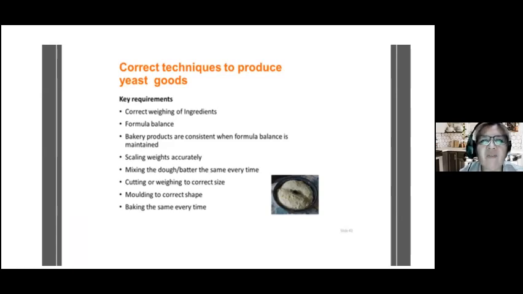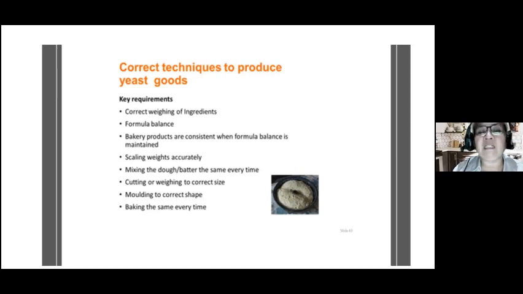Even if you have the best ingredients, the imported ingredients, but you do not have the correct weights or measurements, you cannot have a better result. So formula balance is used, which we will be learning next time. You have the baker's percentage, and bakery products are consistent, of course, when formula balance is maintained.